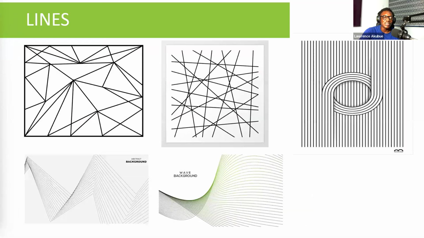So font is there. I mentioned line. Line as well sends some kind of information. Look at the first one. First one shows you like nodes. Even though the second one is similar to the first one, you will notice that it is as if these are rods that are crossing each other.